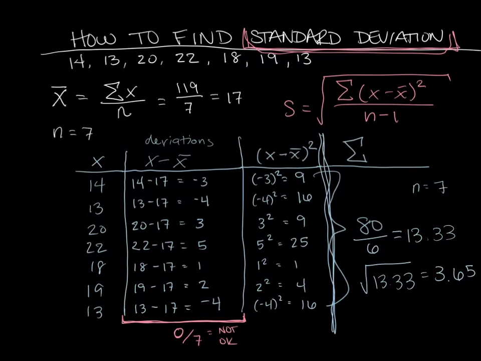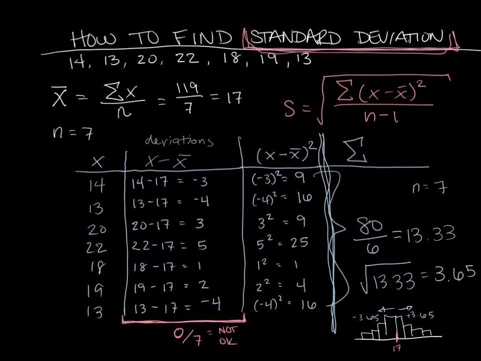So now, what that means is if I were to draw a tiny itty bitty little graph over here, and we'll just pretend, so none of this is right because we don't even have enough data to really look at it. But if I say that my mean lies in the middle, which is 17, we can say that on average, each data point is going to stray to the right by 3.65, meaning I'm adding it, or to the left by 3.65, meaning I'm subtracting it.